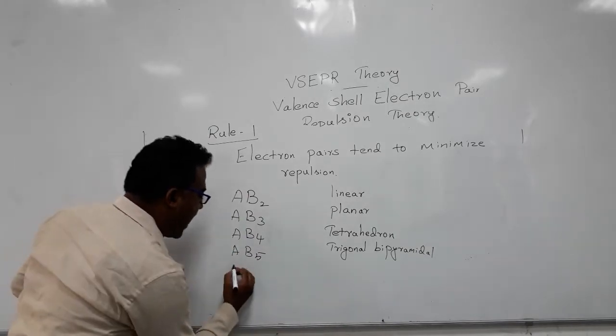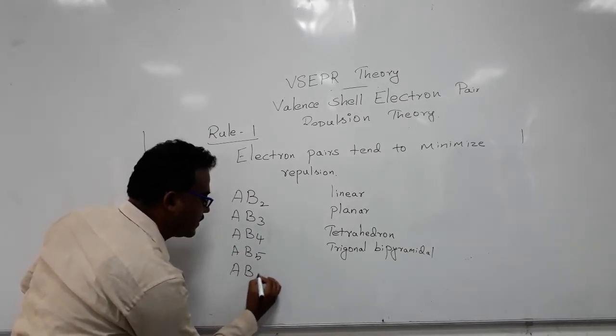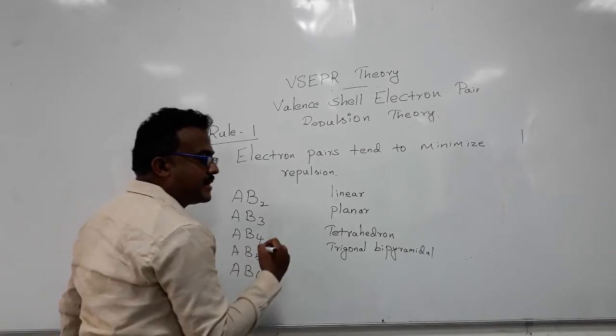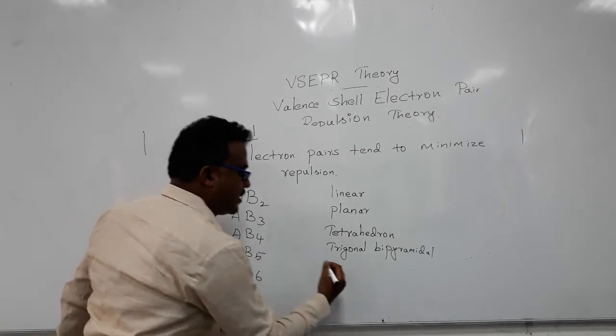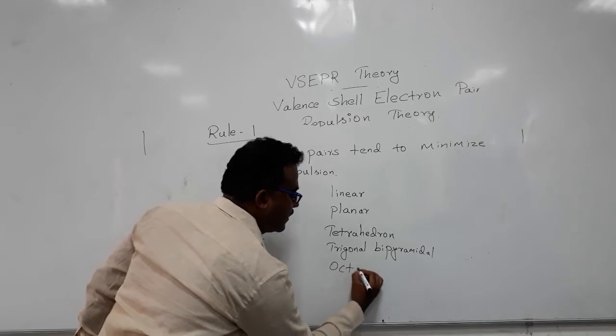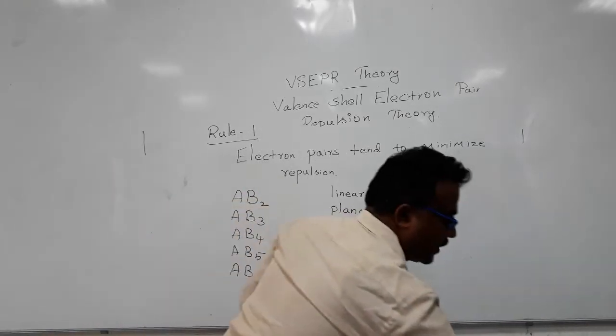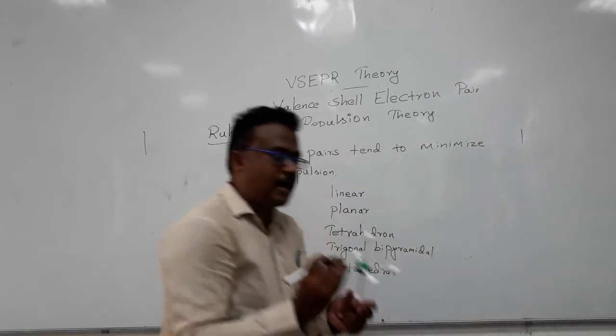Then the system we have is AB6. It has 6 bonded pairs of electrons. The most ideal geometry for this system is octahedral. See this one, octahedral geometry.